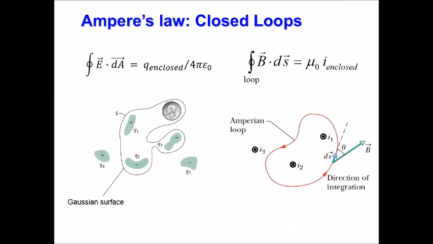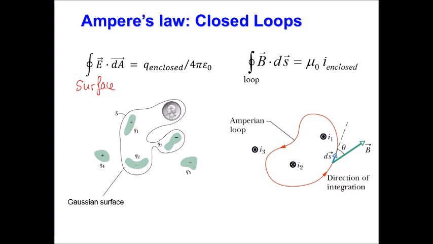Here in this figure we see a parallel between Ampere's law and Gauss's law. They look quite similar. There is a closed integration: a closed loop here, a closed surface there, which we call a Gaussian surface. Integral along a surface of what? The scalar product between the electric field and the area vector. Here we have the circulation of B, the closed integral along a loop of the scalar product between B and the element length ds.